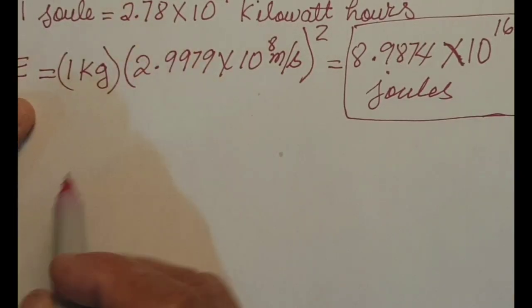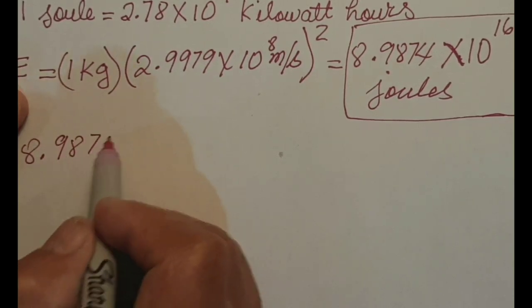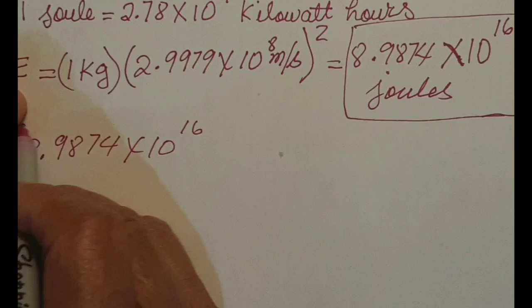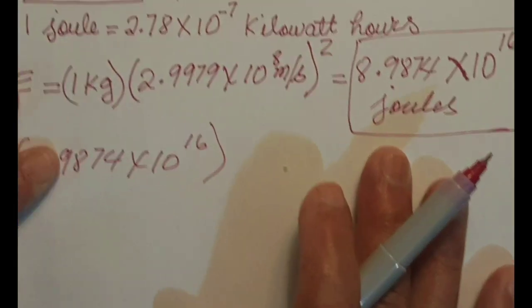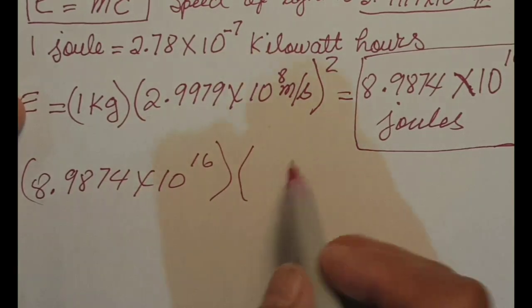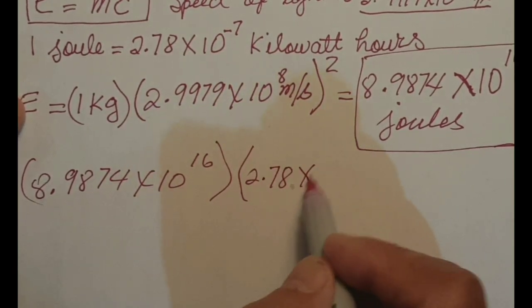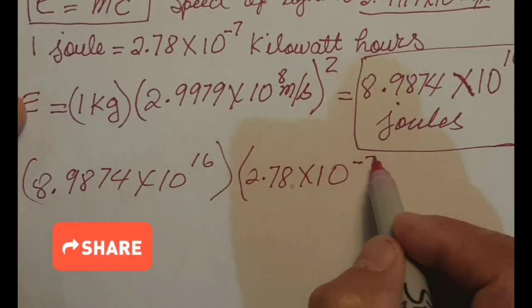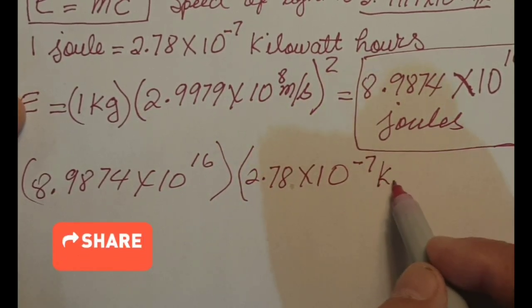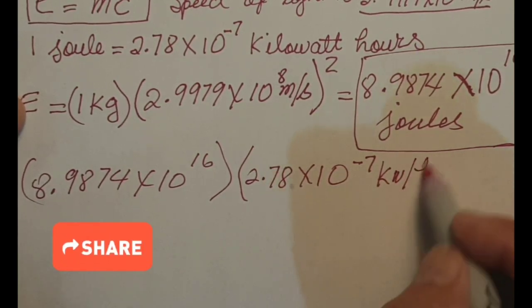Let's write it down here: 8.9874 times 10 to the 16, multiply by 2.78 times 10 to the minus 7 kilowatt hour.